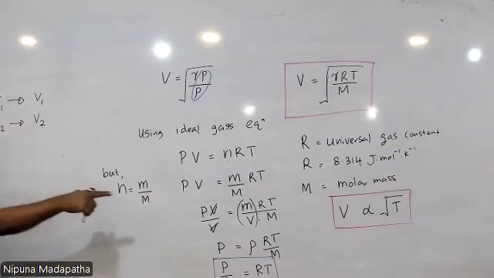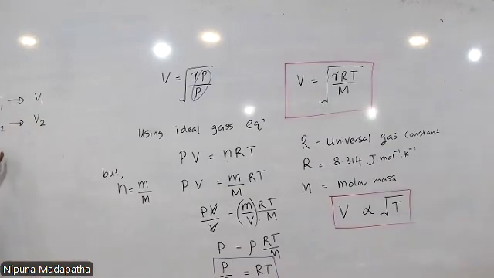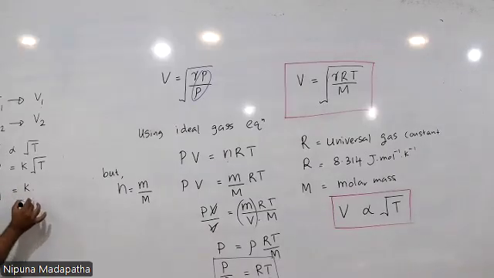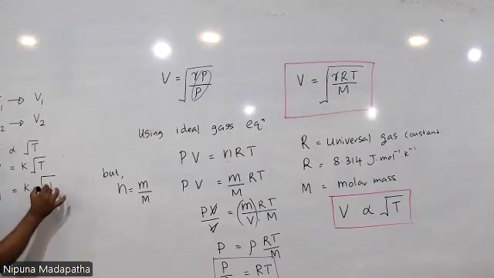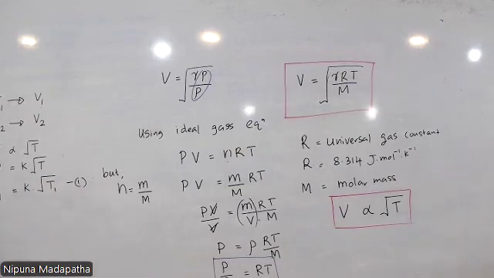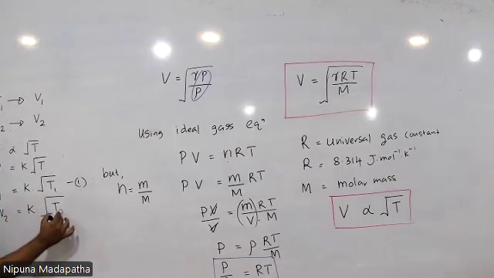As you can see, speed of sound is directly proportional to the square root of the absolute temperature, which means V equals a constant times the square root of T. In the first case, V1 equals constant times square root of T1. Let us take it as equation 1. For the second occasion, V2 equals K square root of T2.